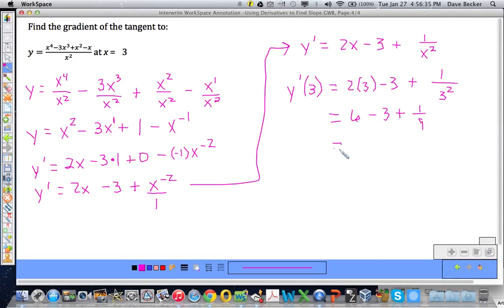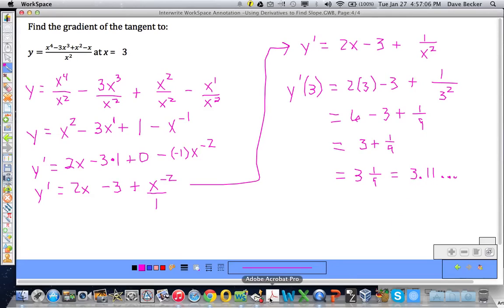Okay, and so 6 minus 3 is 3, so that's 3 plus 1 over 9, which is 3 and 1/9, which is actually equal to, in decimal form, 3.11 forever and ever. The ones repeat forever. So what we're claiming is that the slope of the tangent to this awesome curve, when x equals 3, is 3.1111 repeat.